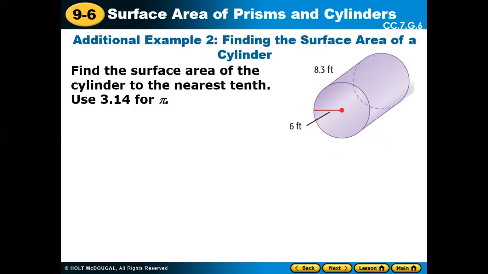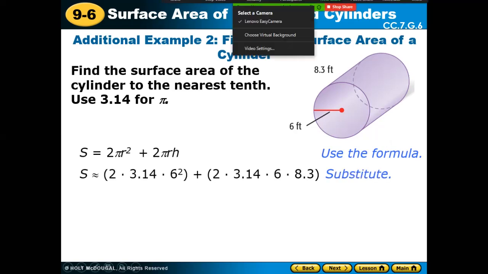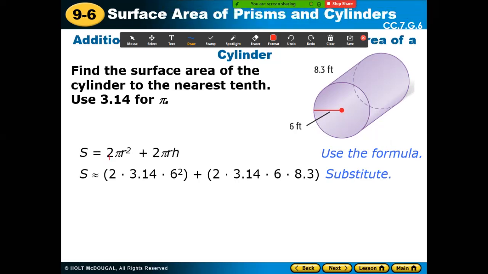Find the surface area of the cylinder shown here with radius 6 and height 8.3 to the nearest tenth. Use 3.14 for pi. First step, write our formula: S equals 2 pi r squared plus 2 pi r h. Now I have to substitute in this formula using the information given here, step by step. 2 pi, which is 3.14, r squared, 6 squared, because the radius is 6, right?